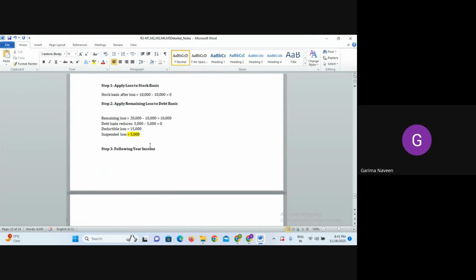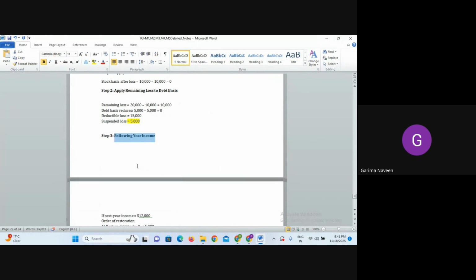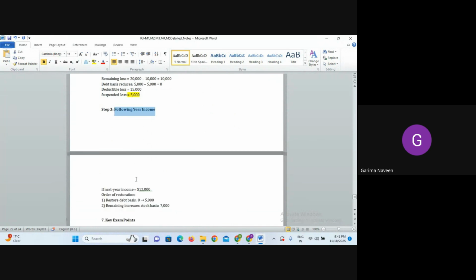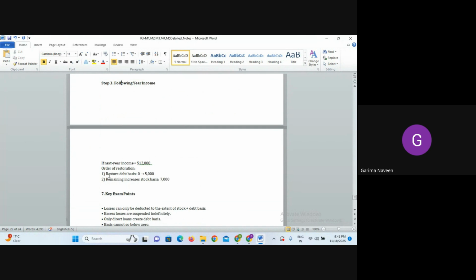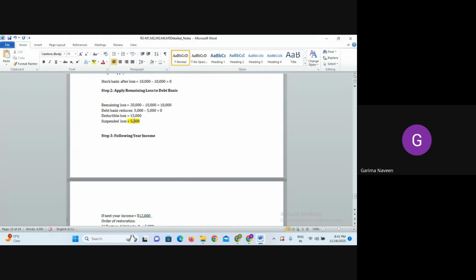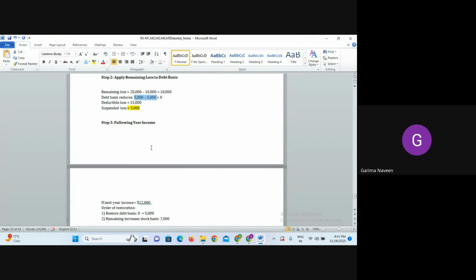Suppose now your stock basis becomes 0, your debt basis becomes 0, and you have a suspended loss of $5,000. Talking about the next year scenario, if you have income of $12,000, how will you allocate this income? First, you restore your debt basis, so it is restored to $5,000.